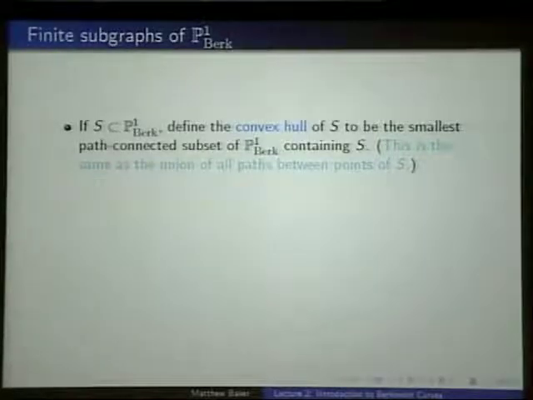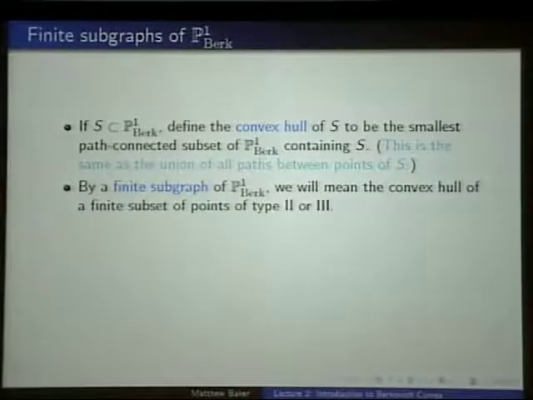So officially, if I have any subset S of the Berkovich projective line, I can take the smallest path-connected subset containing all the points of S. And a finite subgraph will mean the convex hull of a finite set of points of type 2 or type 3. So just take a finite set of actual disks, possibly of irrational radius, and look at the finite subtree of this massive infinite tree that these define.